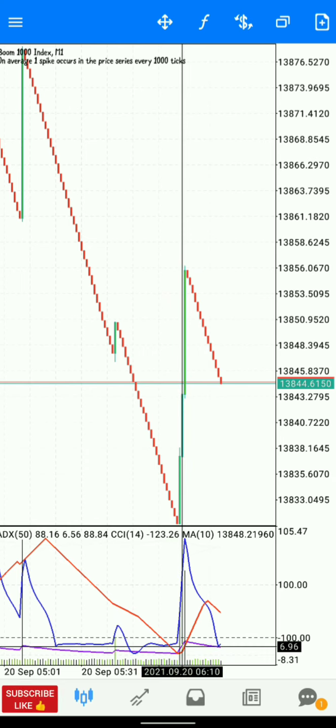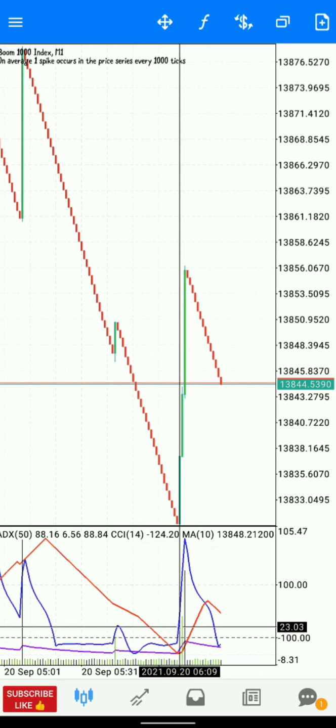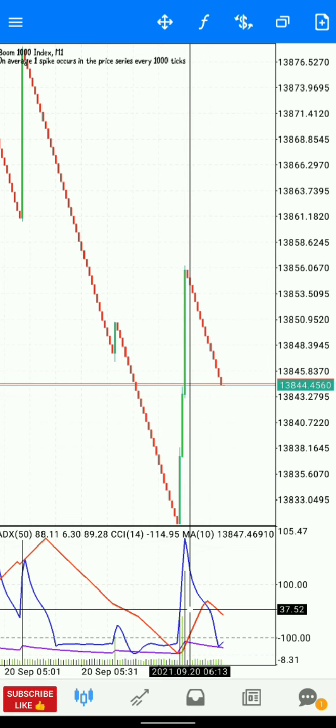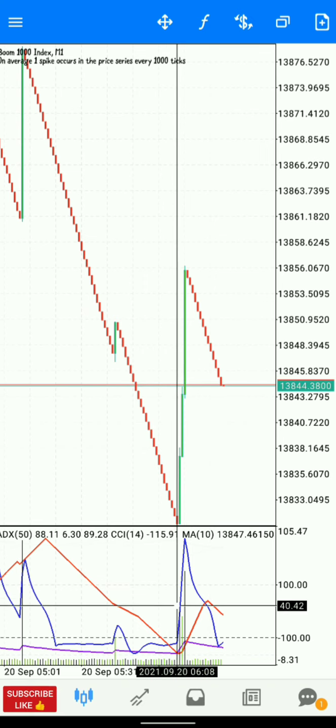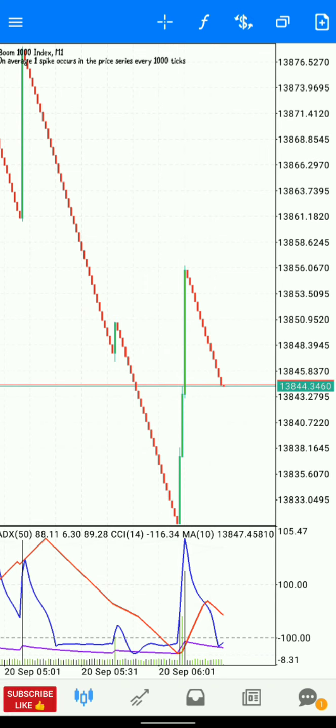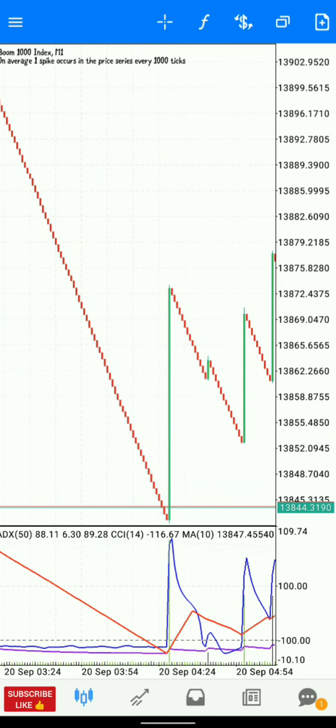So another spike came in, a green line. Now the green line means there's a probability that another spike could come in. So you might want to exit or you might want to still stay. So if you still stayed, another spike came in and went above this 100 level here, and we should close our trade there. So that's how we go in for our spikes.